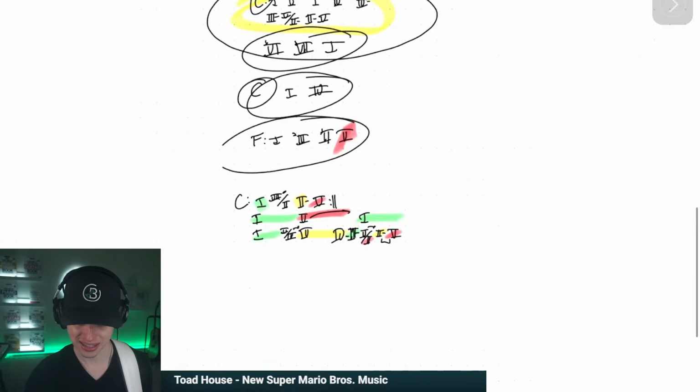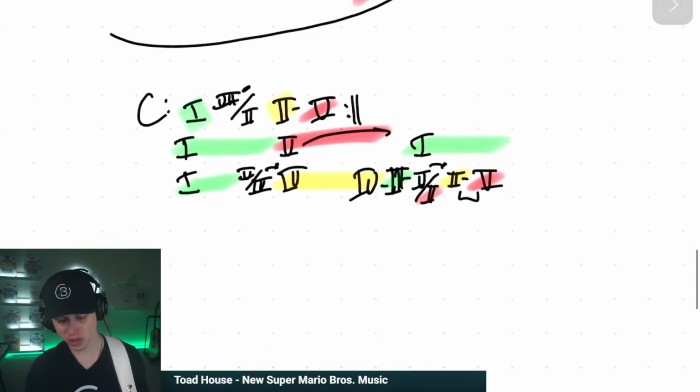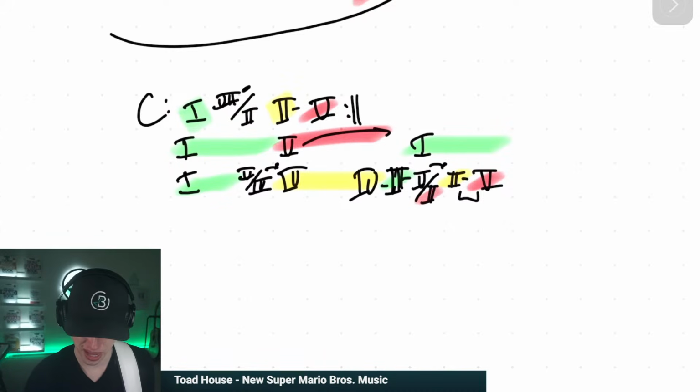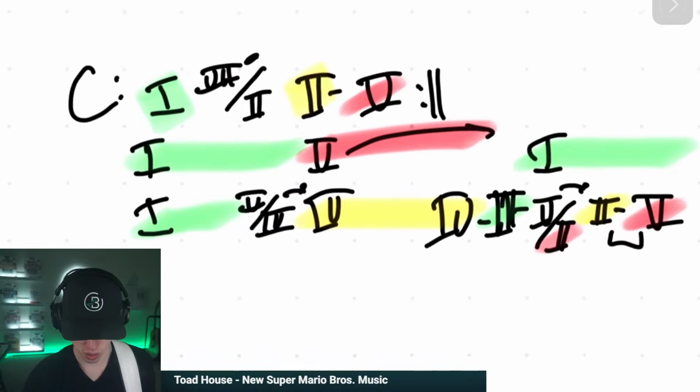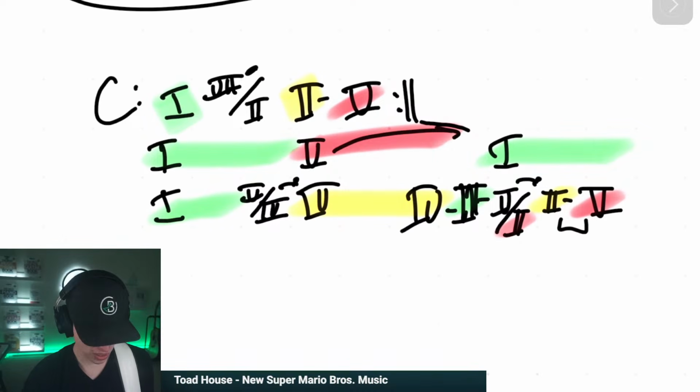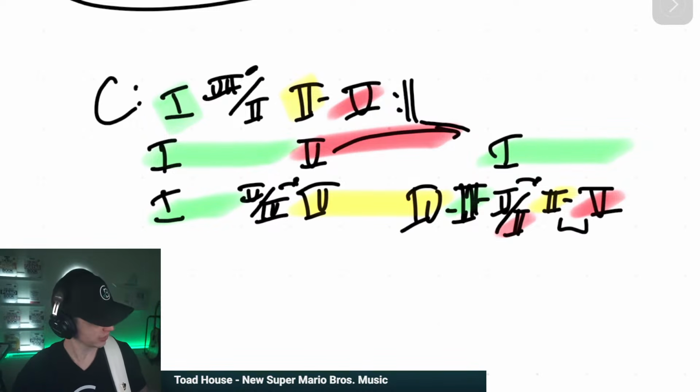In fact, it's same chords, same order, but the chords are given slightly different durations of time, if I'm not mistaken. And one thing different that we're hearing here as well is the intro. In the intro, we're hearing a 1, a 7 diminished of 2, to 2, to 5.